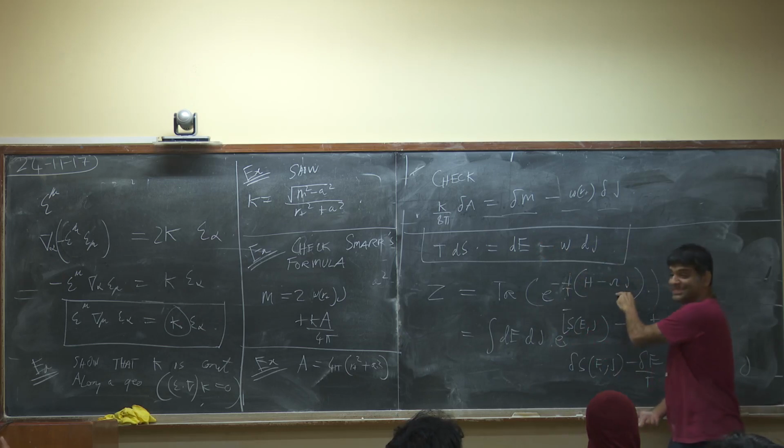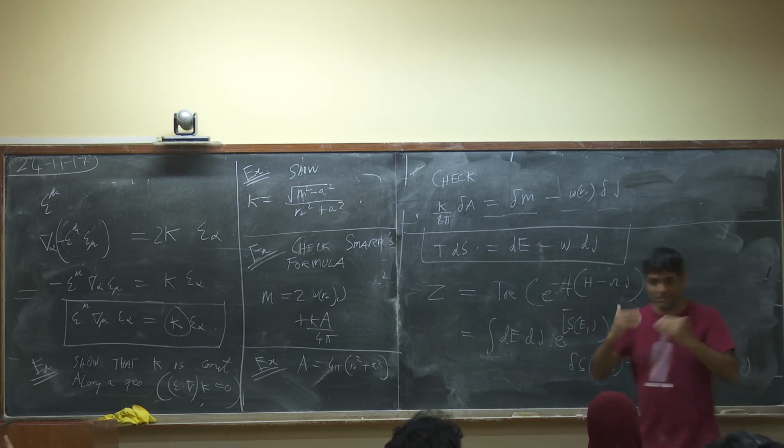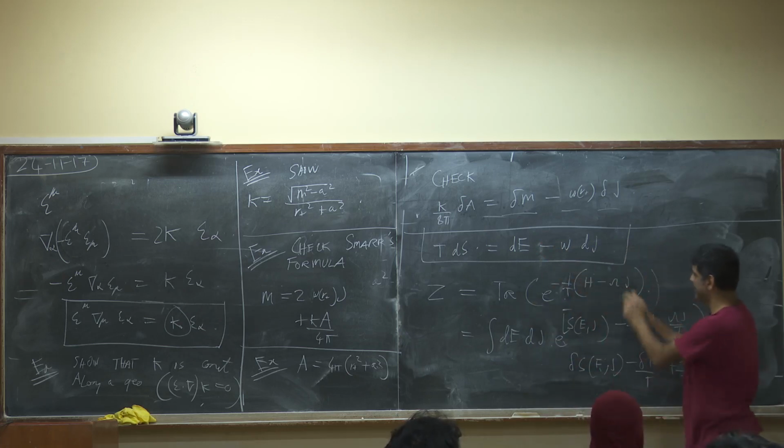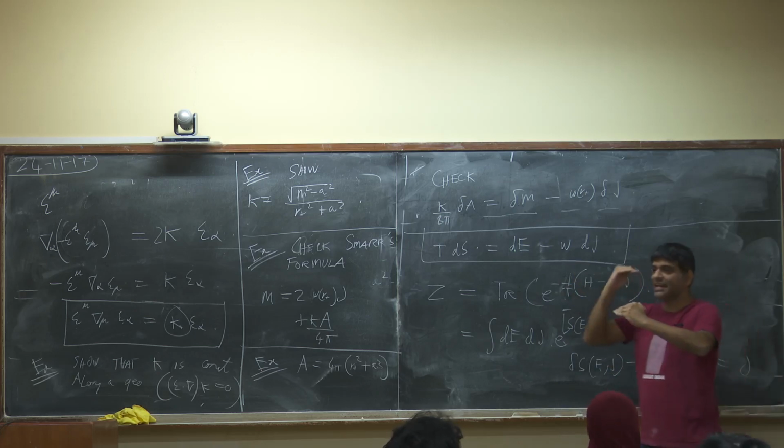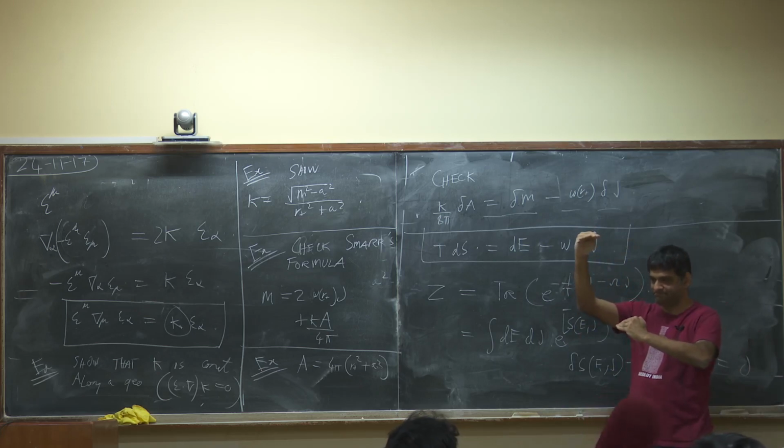But what about with this here? You see, everything continues the same up to the last step. This j is a conserved quantity, so it could be inserted at any step in your path integral. So let's say insert it at the last step.